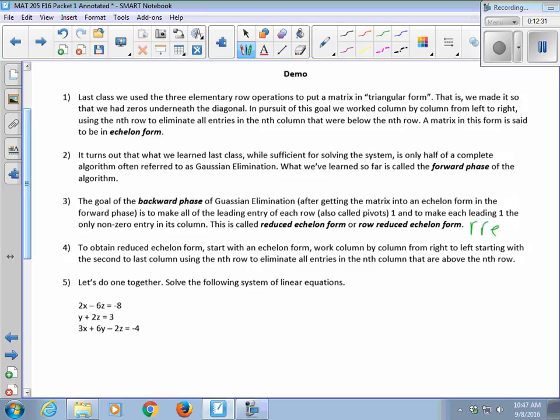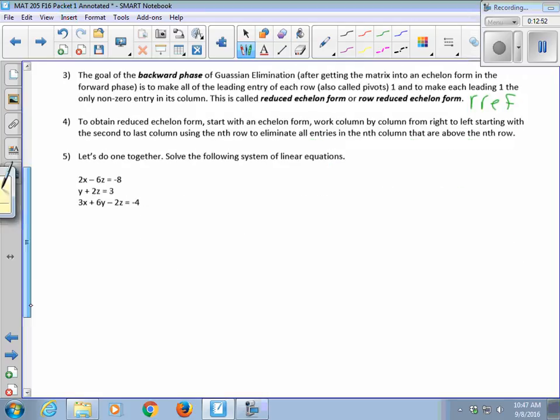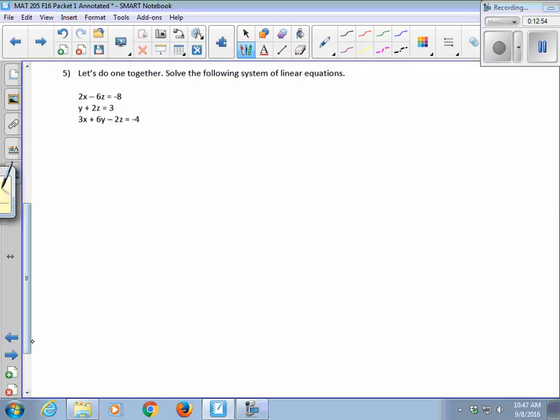I'll call it RREF a lot for row reduced echelon form. To get row reduced echelon form, first you have to get it into echelon form. So do the thing we learned Tuesday. And then you work column by column again, but this time from right to left, eliminating everything above the pivots instead of below. So we'll do one together, and then I have a bunch for you to practice.